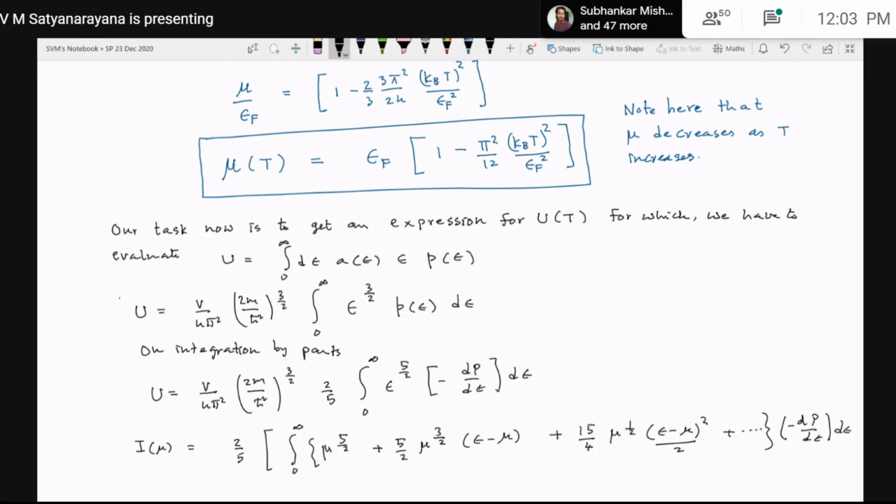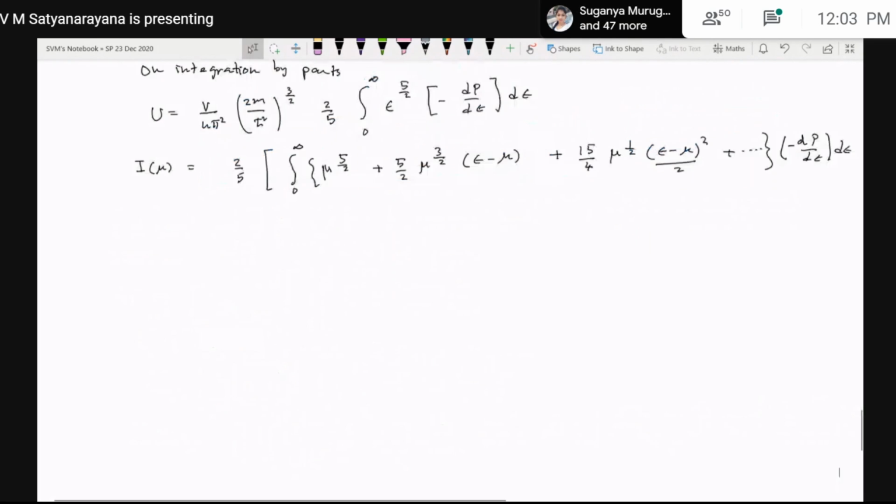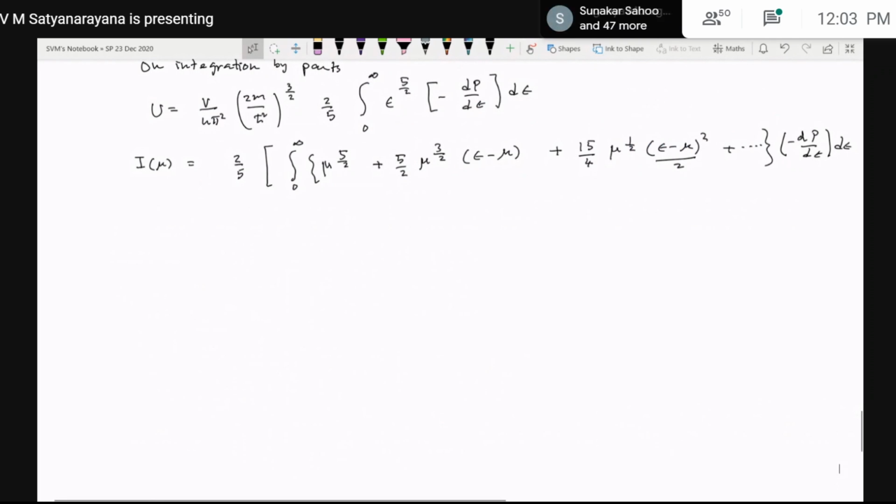dx. So you get the same kind of thing. I0 will be mu to the power 5 by 2. I1 will be 0 and I2 is the same as whatever we have done.